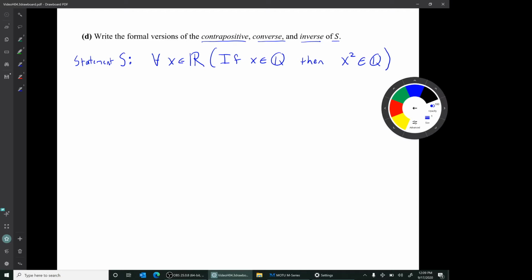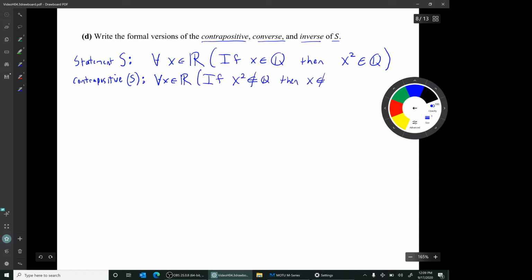So its contrapositive is for all real numbers x, if x squared is not rational, then x is not rational. Notice that's the form if not B, then not A. The original statement S was if A, then B. What about the converse of S?